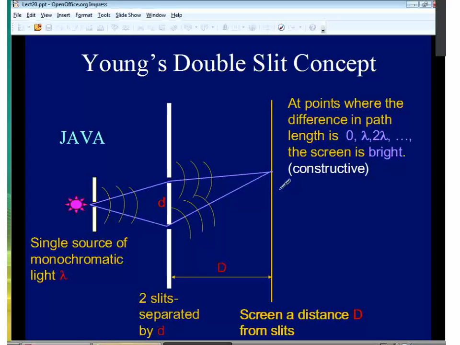So the several B's that I had marked, at the center the path difference will be 0. The next B path difference will be lambda. The next B, it will be 2 lambda. Next B, 3 lambda. As long as you have an integral multiple of lambda, it's just like saying integral multiple of 2 pi.